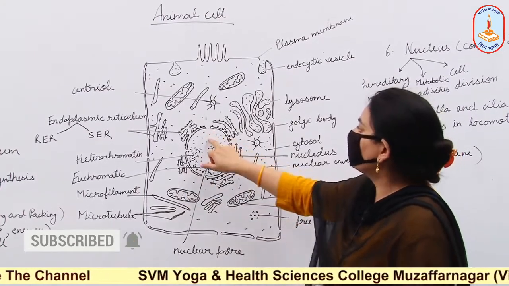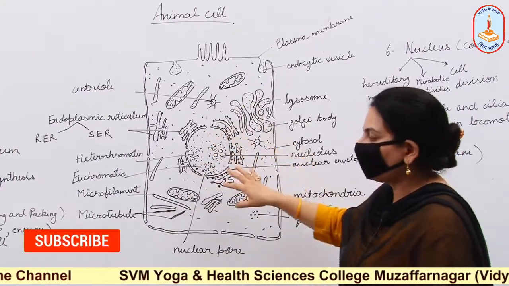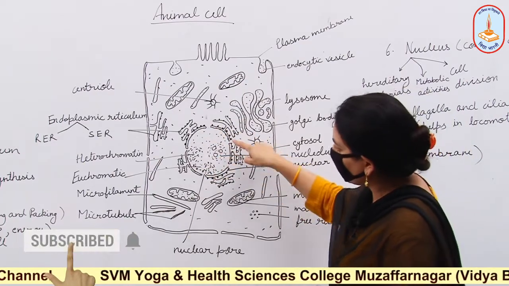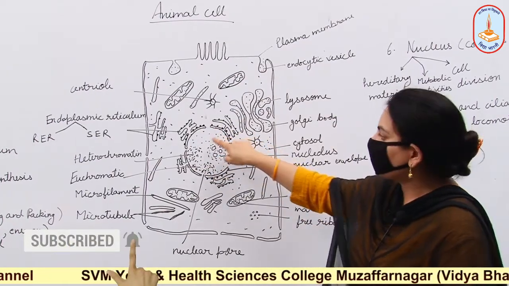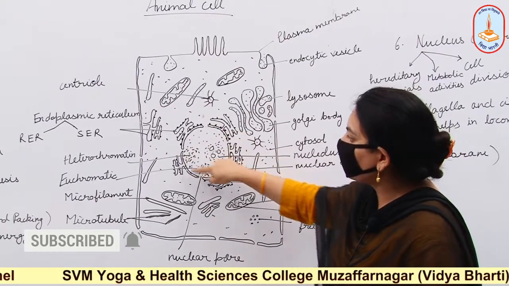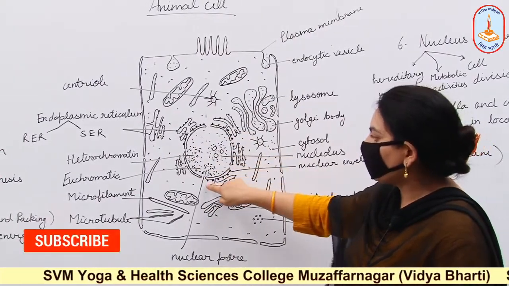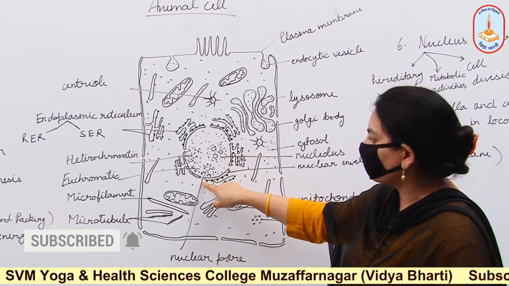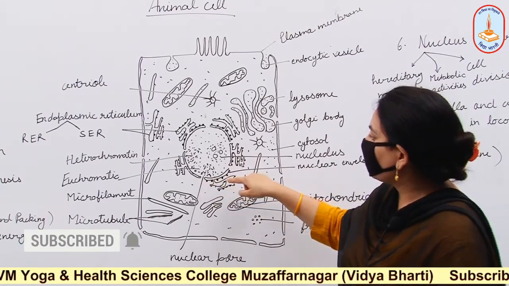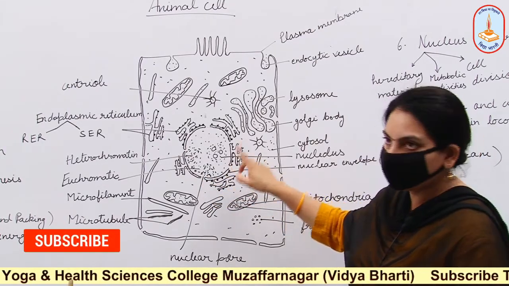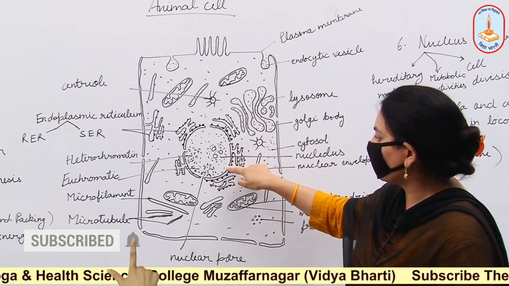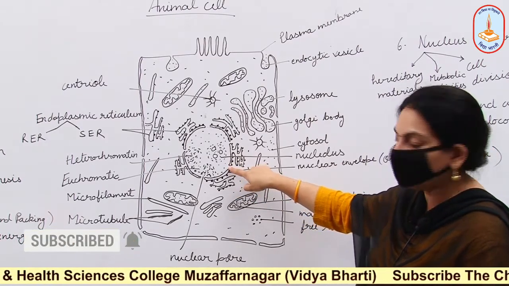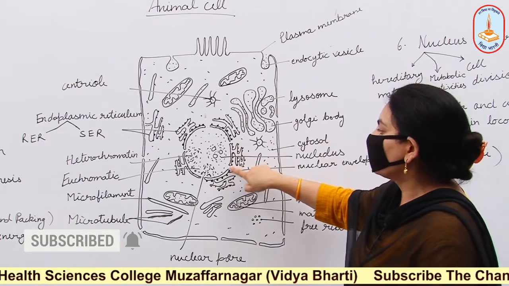Inside the cell, approximately in the center of the cell, the nucleus is present. This nucleus has a double membrane. The outer membrane is known as the nuclear envelope, and in between the outer and inner membrane, some spaces are present, which are known as nuclear pores.